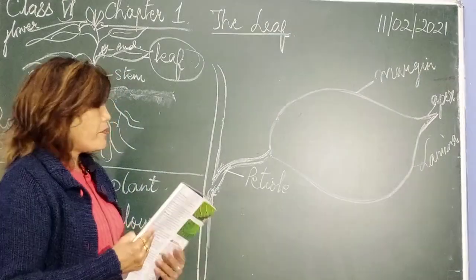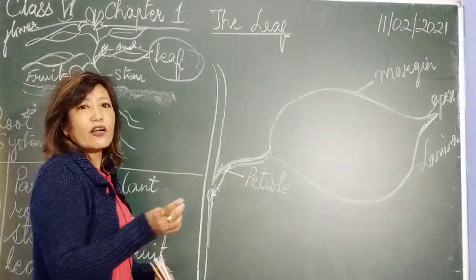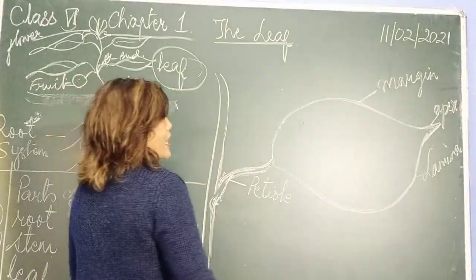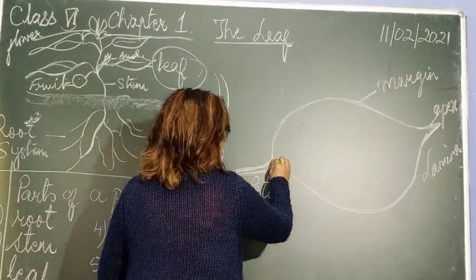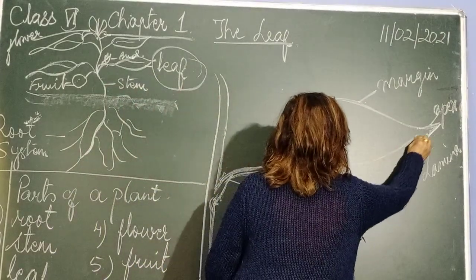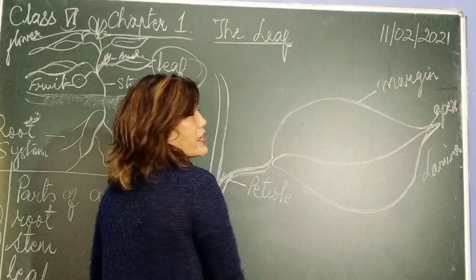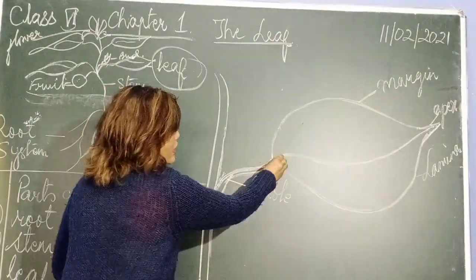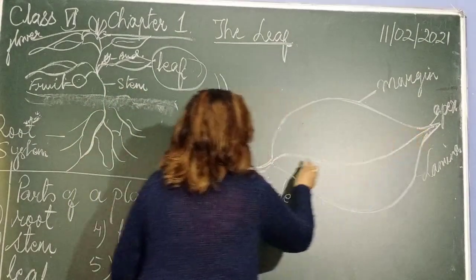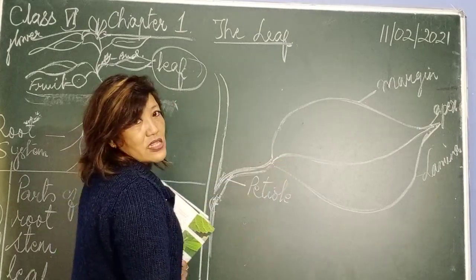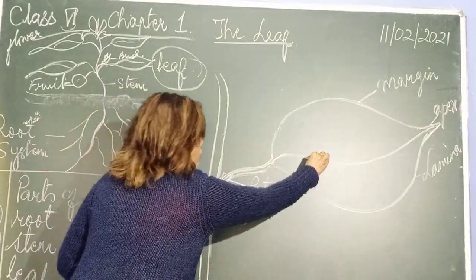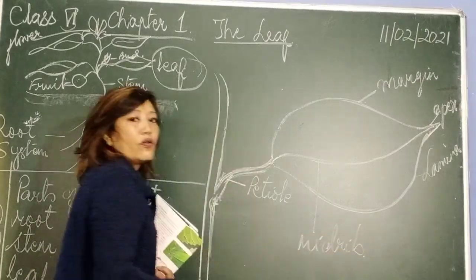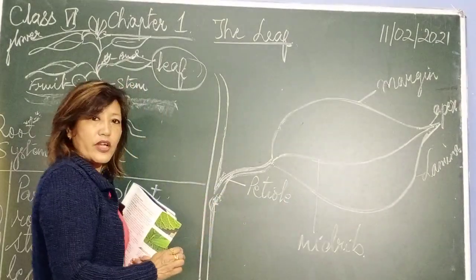There is a thick vein that runs along the center of the leaf, right from the base of the leaf to the apex. So this thick vein that runs along the center of the leaf is called the midrib.